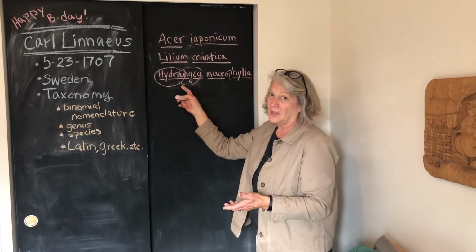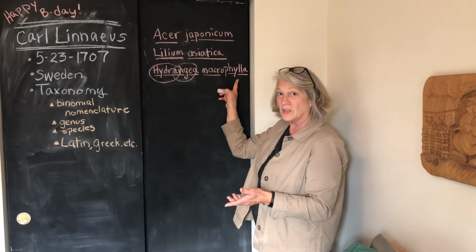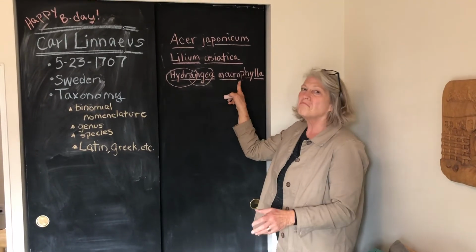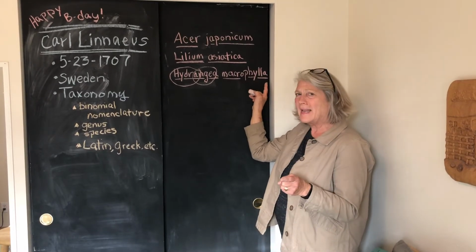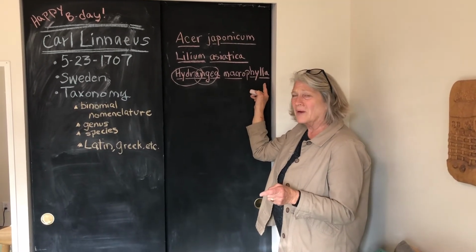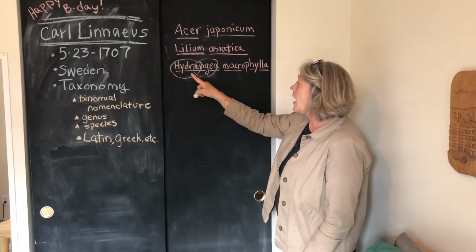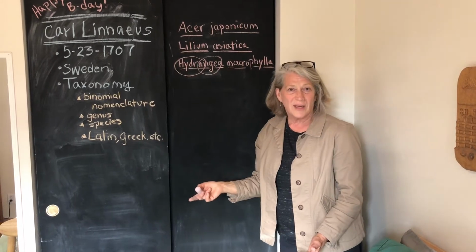And that's true with hydrangeas. And then the species name, macrophylla, is also a compound. Macro, large. Phylla, well, if you were looking at Latin, you wouldn't find the right one. This comes from a Greek word meaning leaf. So Hydrangea macrophylla is a large-leafed hydrangea.